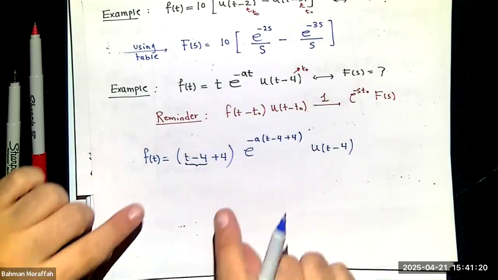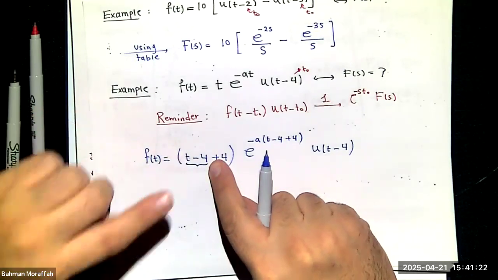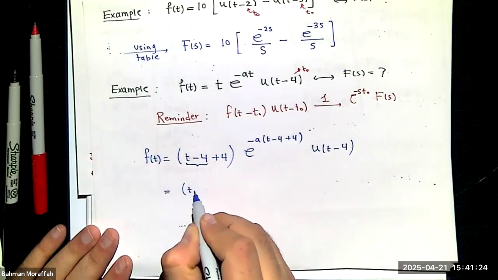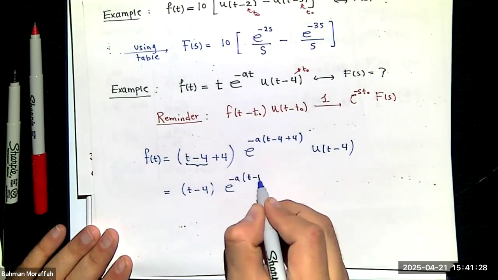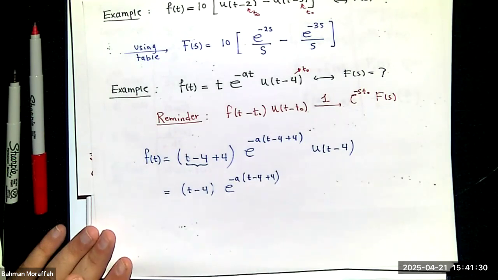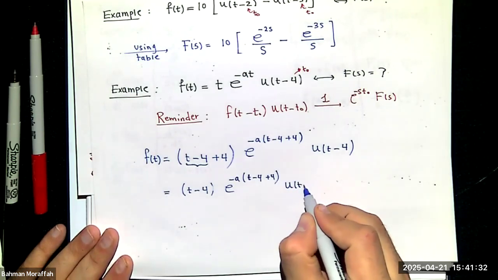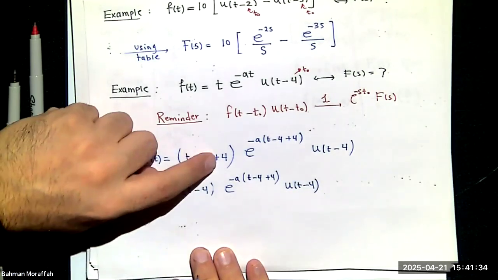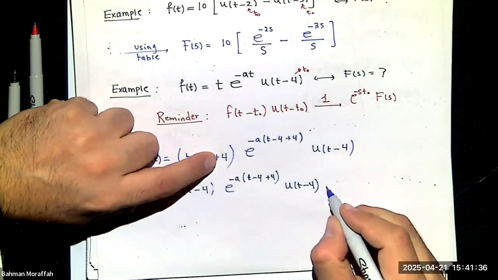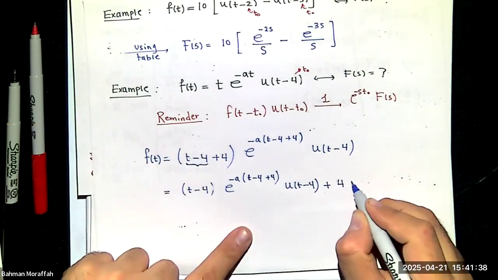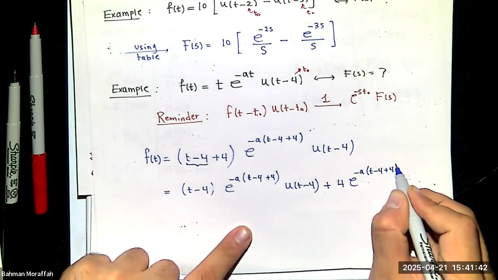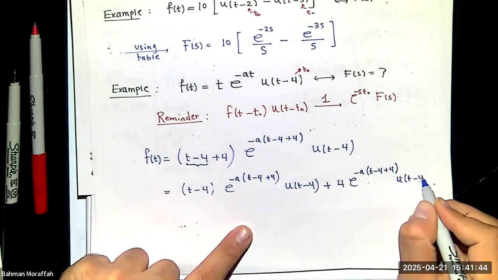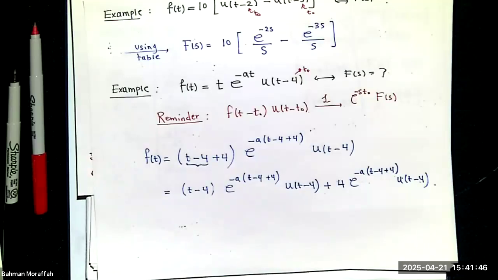So I can write this as t minus 4 times e to the power of minus a, t minus 4 plus 4, u of t minus 4. I'm going to distribute this term. So I have plus 4 e to the power of minus a, t minus 4 plus 4, u of t minus 4. Right? Can do that.